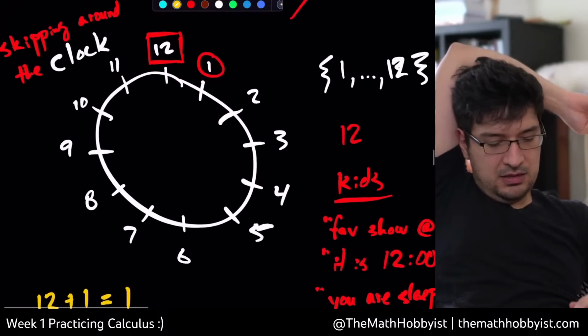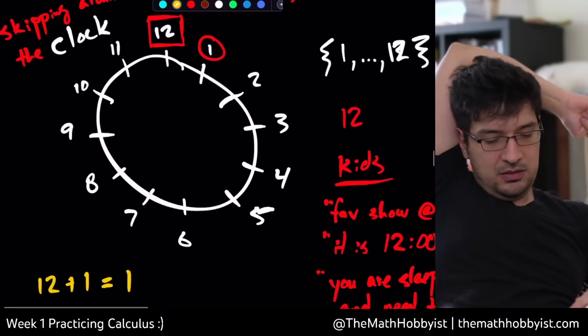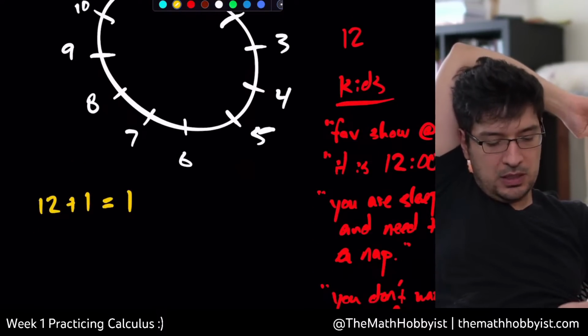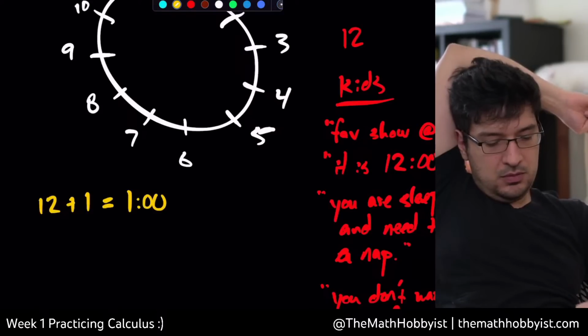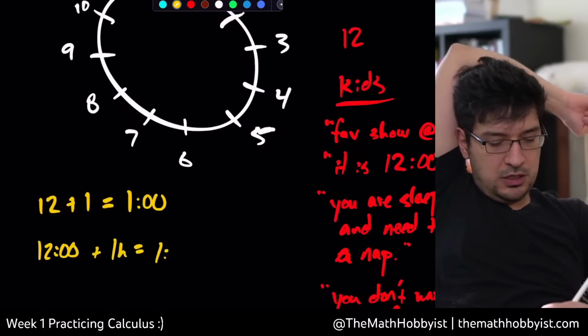And then 12 o'clock plus 1 hour equals 1 o'clock.